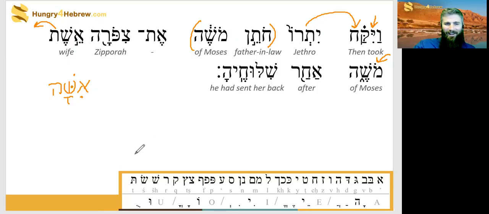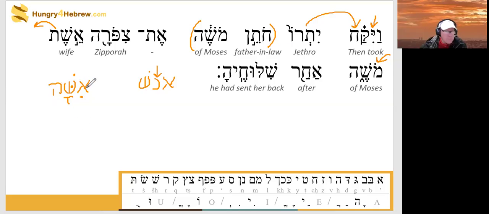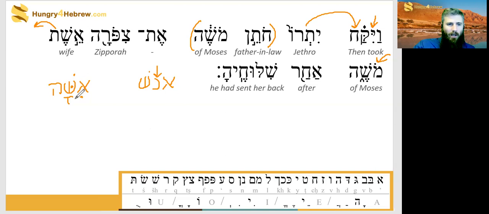Why? Right, because it's Insha. Apparently, the same root is related to Enosh and Anashim. Noon is part of the root. Insha, the noon assimilates and it becomes Isha, with a doubling dagesh.